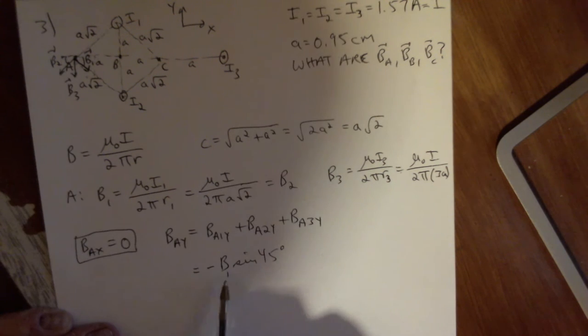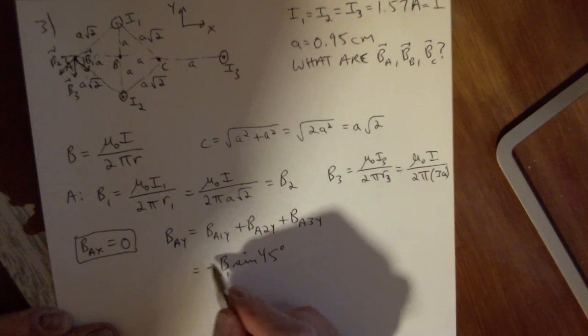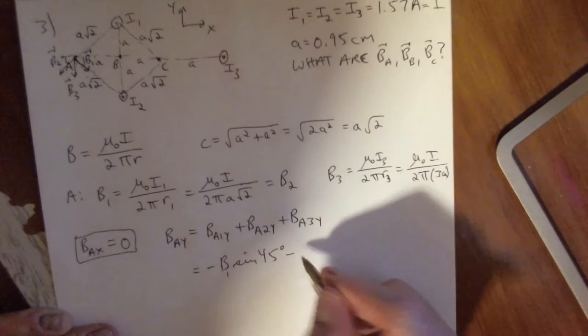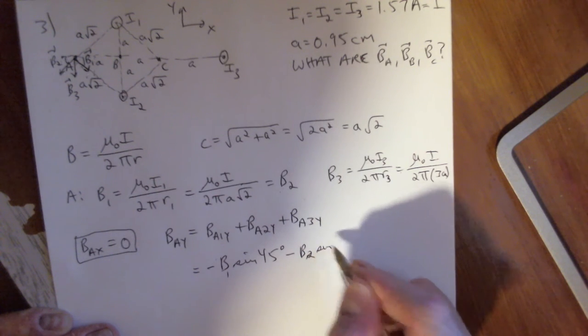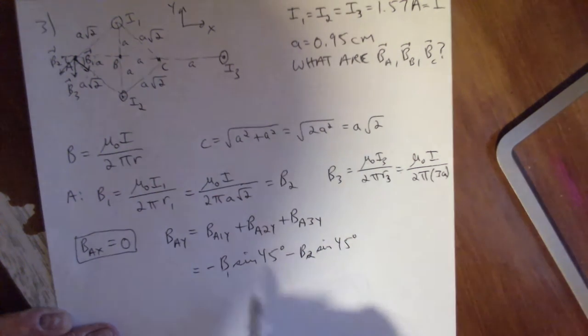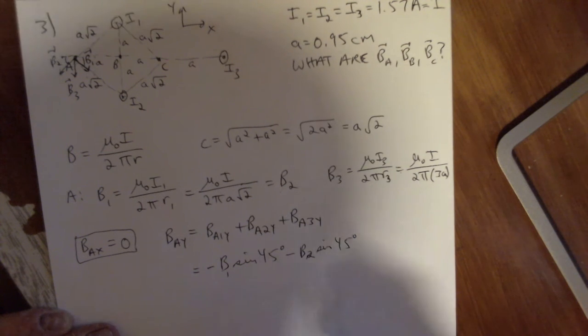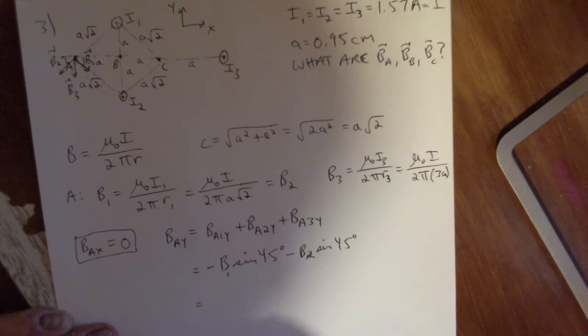So you get the same thing for B2 in the y direction. So you can just multiply. I'll write it here. Minus B2 sine 45 degrees, which is just going to be the same as this. So you're going to get a factor of 2.